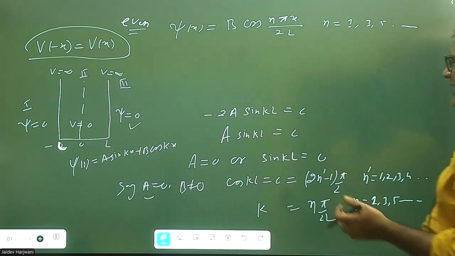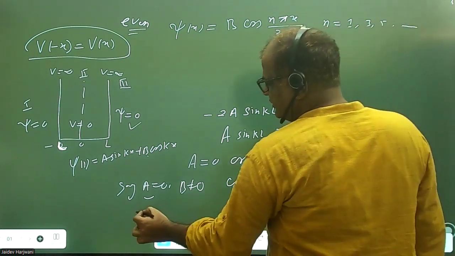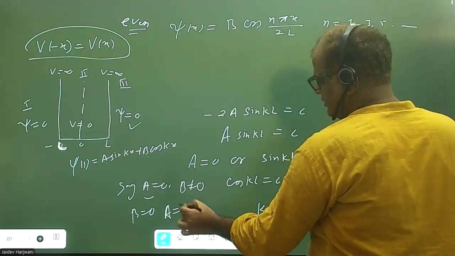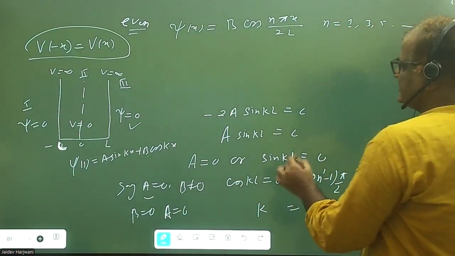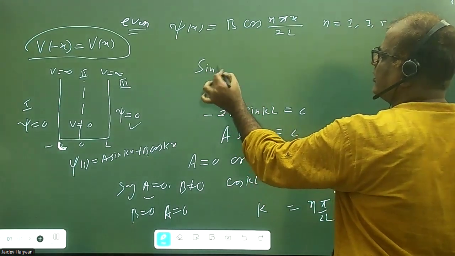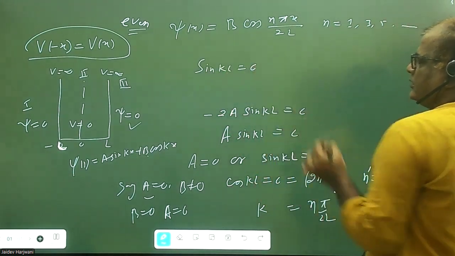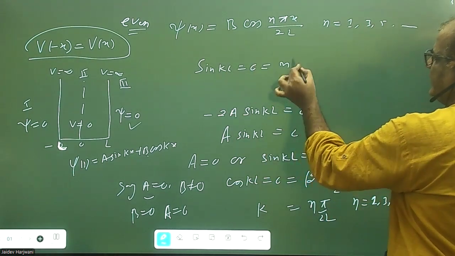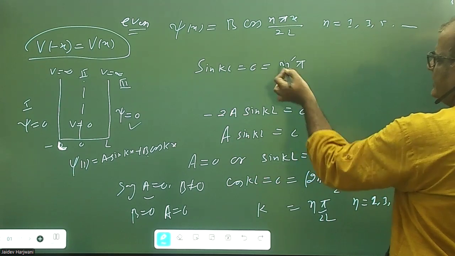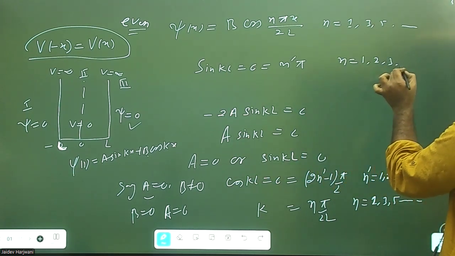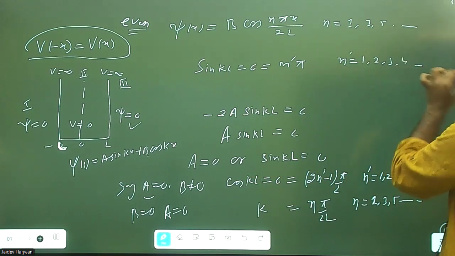Similarly, if I take the second case, where b is 0, then a cannot be 0, which means sine kl is 0. So sine kl equal to 0 means kl is n dash pi, where n dash is 1, 2, 3, 4.